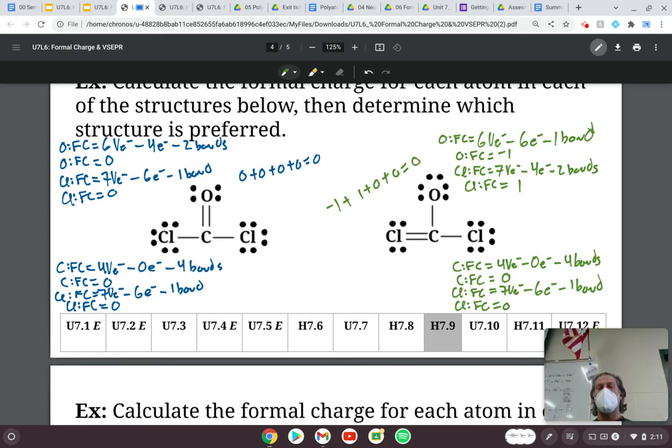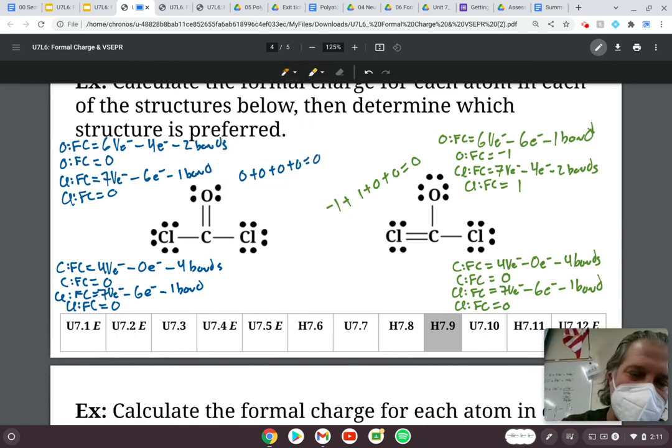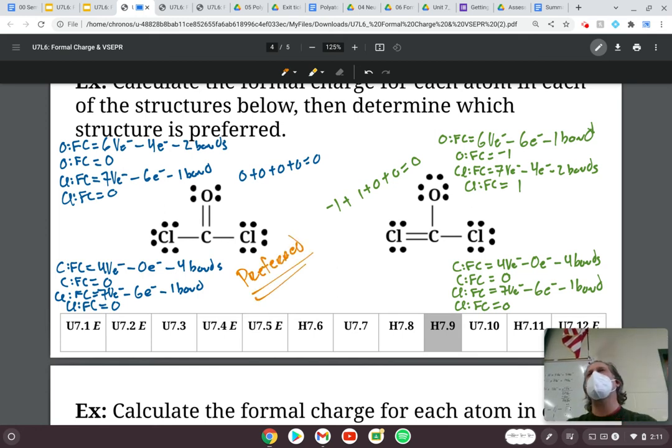Now, how do we know which structure is the better structure? In this case, the one on the left is going to be considered our preferred structure, because each atom in the molecule's formal charge is 0.